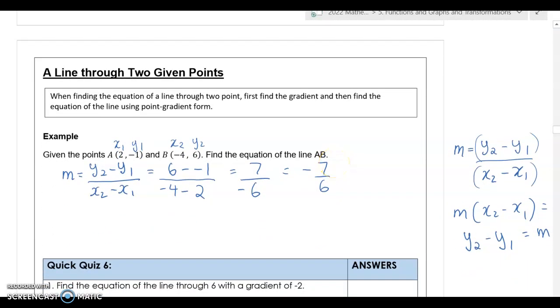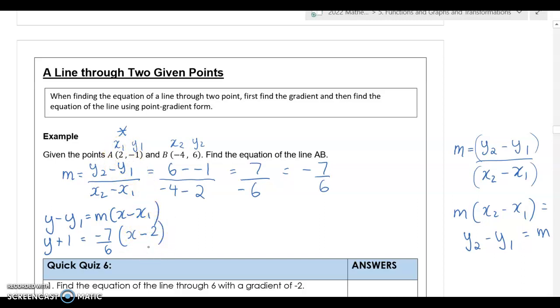So maybe we'll use our point gradient form, and we might use our point A to pop in there. So we'll go y minus y1 is equal to m(x minus x1). So y minus our y1, which is minus 1, so minus minus 1 becomes plus 1, is equal to our m, which is minus 7 over 6, lots of x minus x1, which is 2.